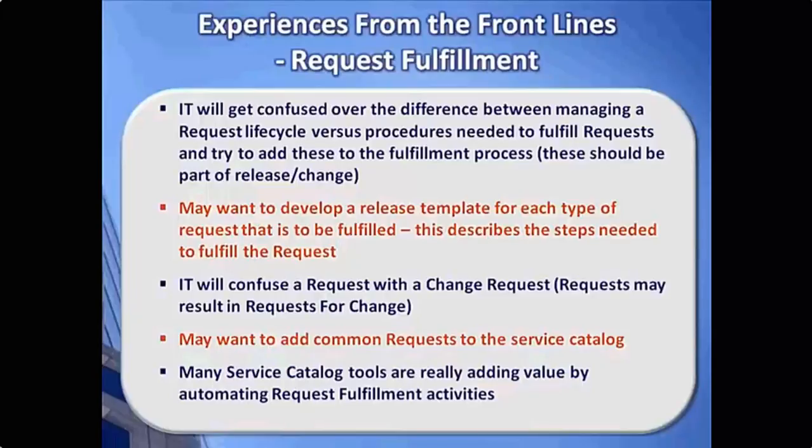Those are examples of requests that would align themselves with the email service that need to be fulfilled. As you design a service, you need to understand all the requests that could potentially be associated with it, and then develop a fulfillment process or procedure for each one of those.